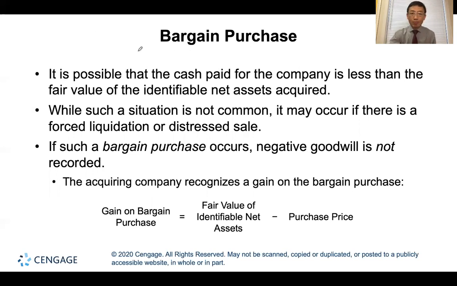Here, another issue is bargain purchase. That means it's possible that the cash paid for a company is less than the fair value of the identified net assets acquired. You know, business is business. Sometimes it will happen. Even though the fair value is, say, $4 million, the seller will say, okay, I want to sell this asset for, say, $1 million. In this kind of case, the goodwill is negative.